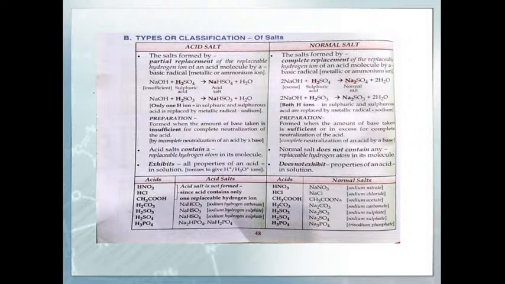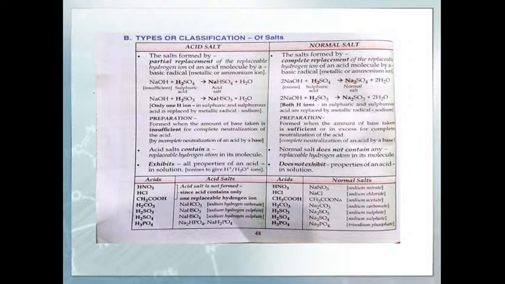Okay, but if you want to prepare a normal salt, it can be prepared with the help of sodium hydroxide and sulfuric acid, understood? In both the cases, both hydrogen atoms are going to be replaced by the metallic atom.